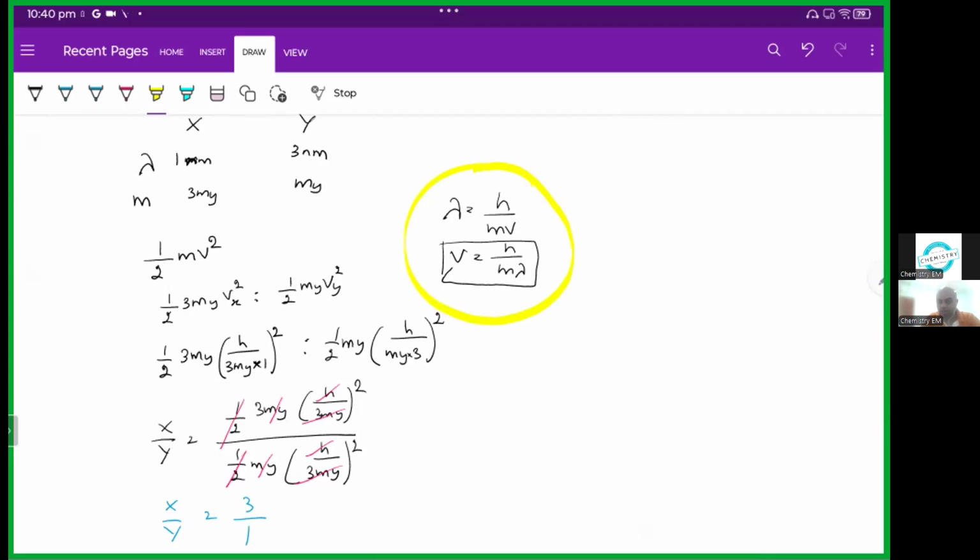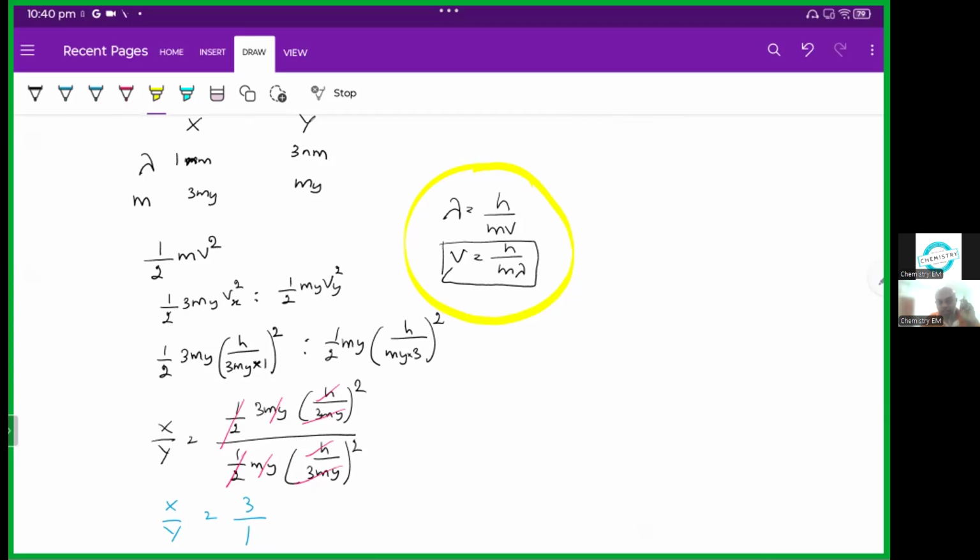We have done many questions on this one. So we can make the velocity the subject as h divided by m lambda, then half 3my Vx squared. Vx squared can be substituted as h divided by 3my, lambda is the de Broglie wavelength.